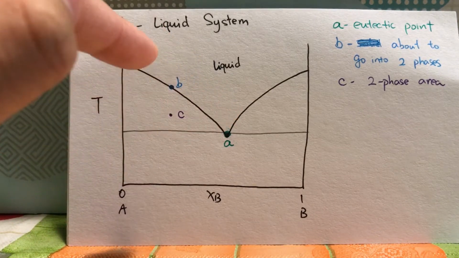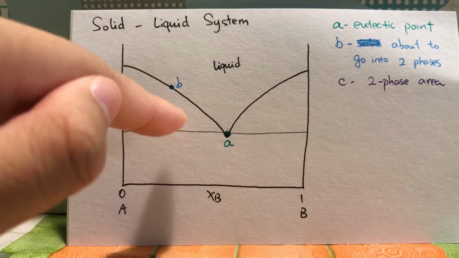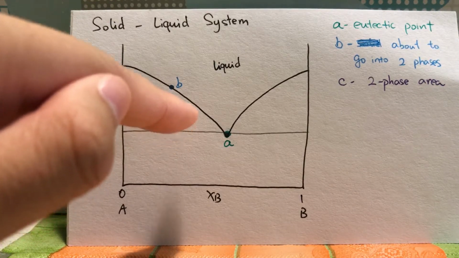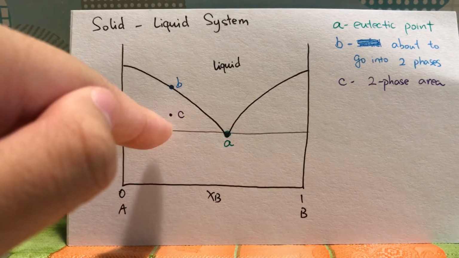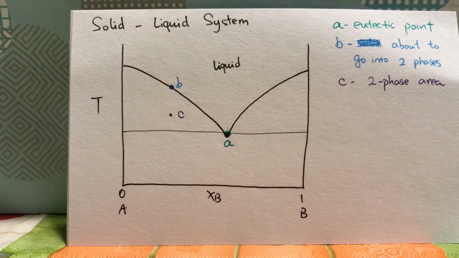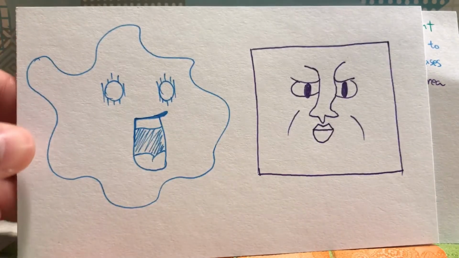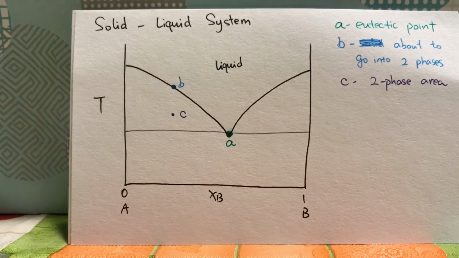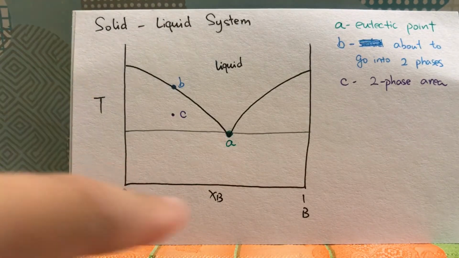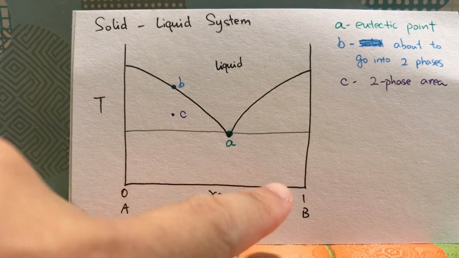Down here at point C is where there's actually a two phase area, so it's solid and liquid together. At point A is where the eutectic point is.